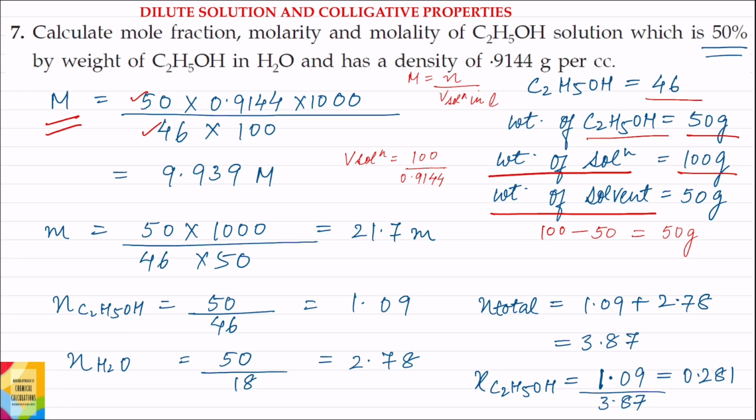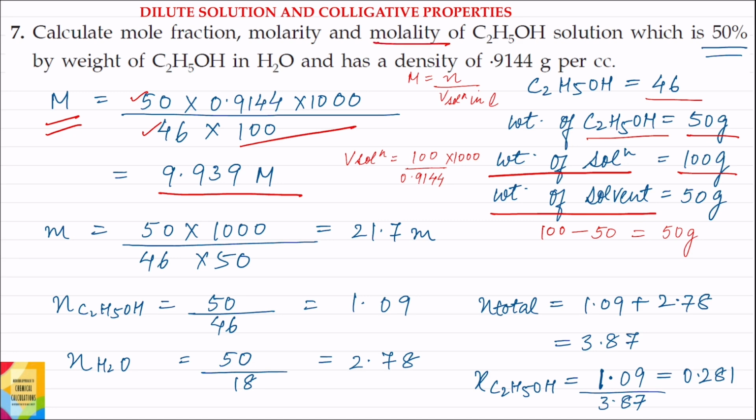Now this volume is in milliliters, so we will have to convert it into liters. So this is equal to 100 divided by 0.9144 into 1000. This will give the volume in liters. Now putting the value of volume of solution in liters in the formula for molarity and solving, the value of molarity is 9.939.